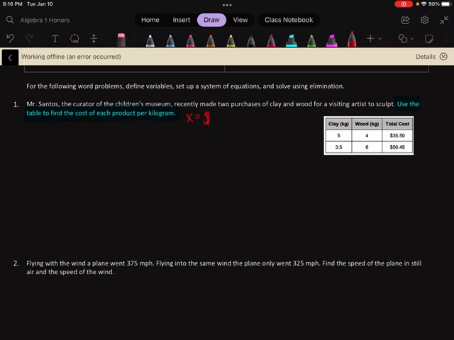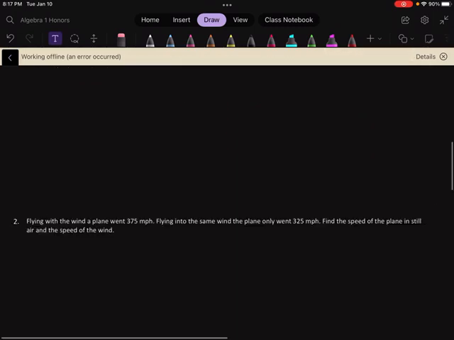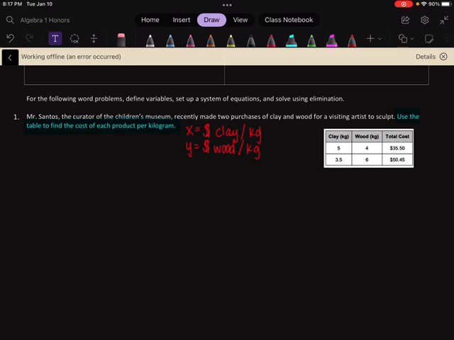So basically X is the cost of clay per kilogram, and Y is the cost of wood per kilogram. I'm going to need a little bit more space. You should have enough space on your paper. Okay. So we set up our variables, defined them.